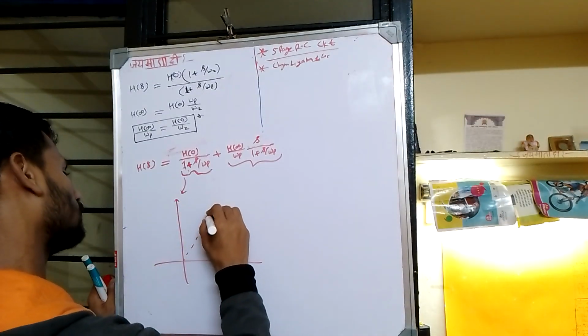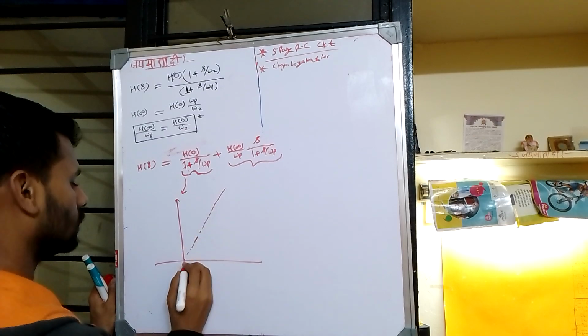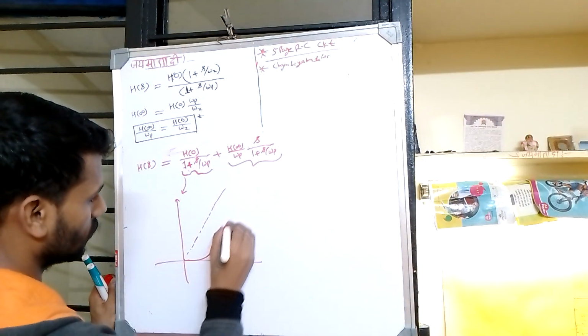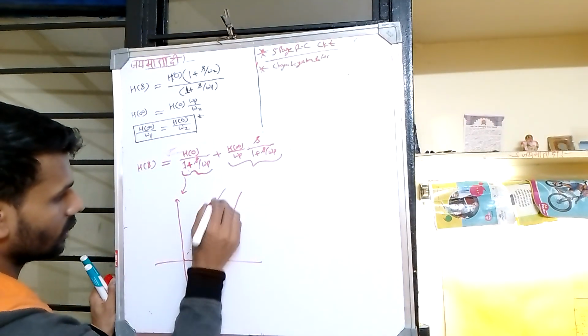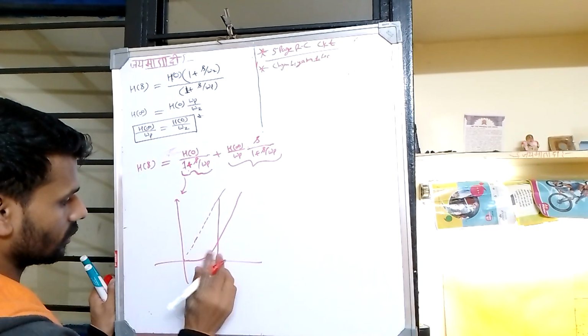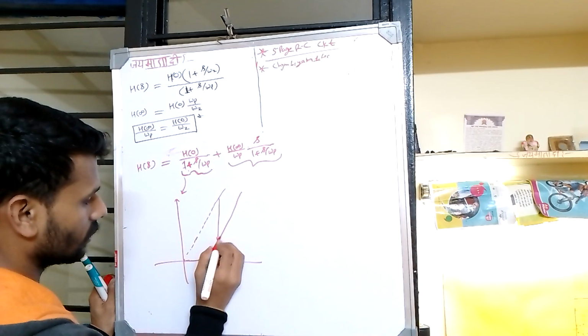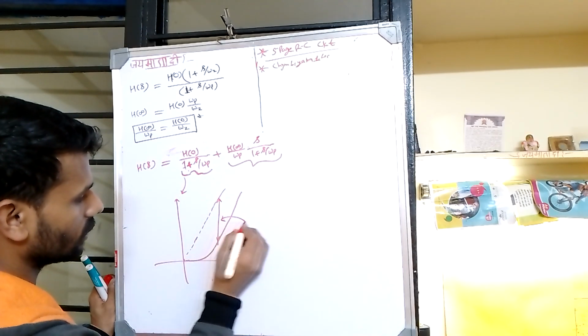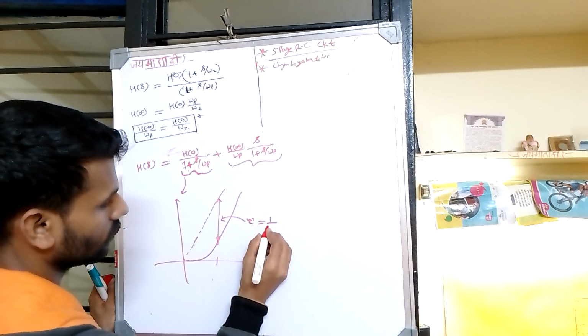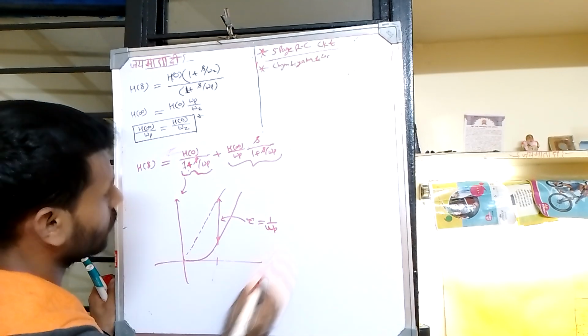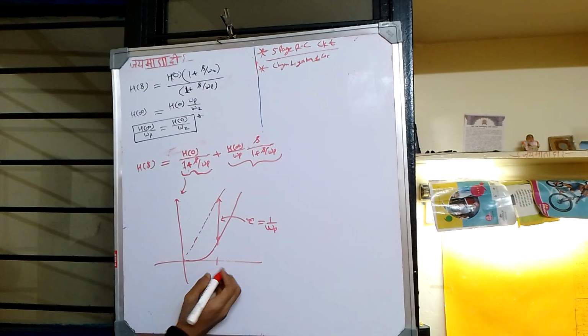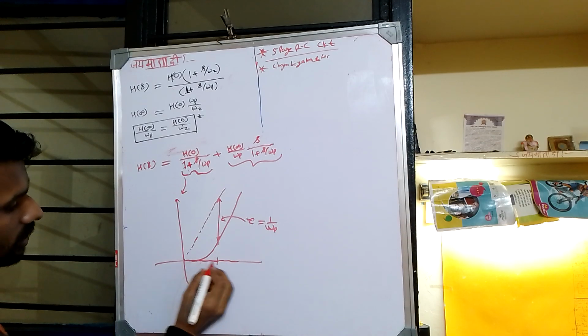If your ramp signal is like this, then your ramp response will be like this, and this delay will be tau, 1 by omega p. Okay, I already discussed this.